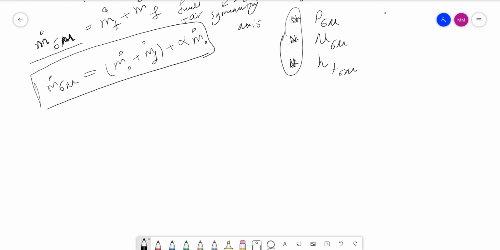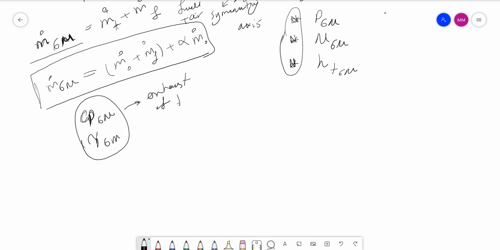To be able to find these, we have to make sure that we have a good understanding of CP at station 6m and gamma at station 6m. Why? Mainly because we are at the exhaust of the mixer.